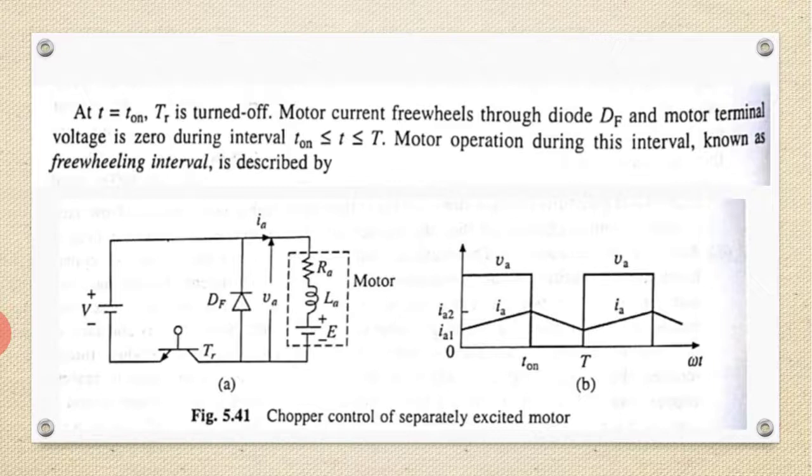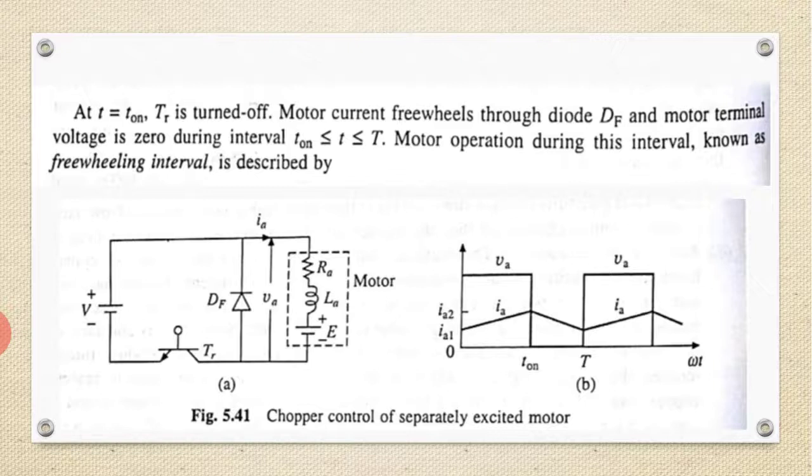So I apply KVL around the loop between motor and diode: RA IA plus LA di by dt plus E, the back EMF, is equal to 0, because now V is not connected to the motor, for T on less than or equal to t less than or equal to capital T. Motor current decreases from IA2 to IA1, because the stored energy is fed back, freewheeling.